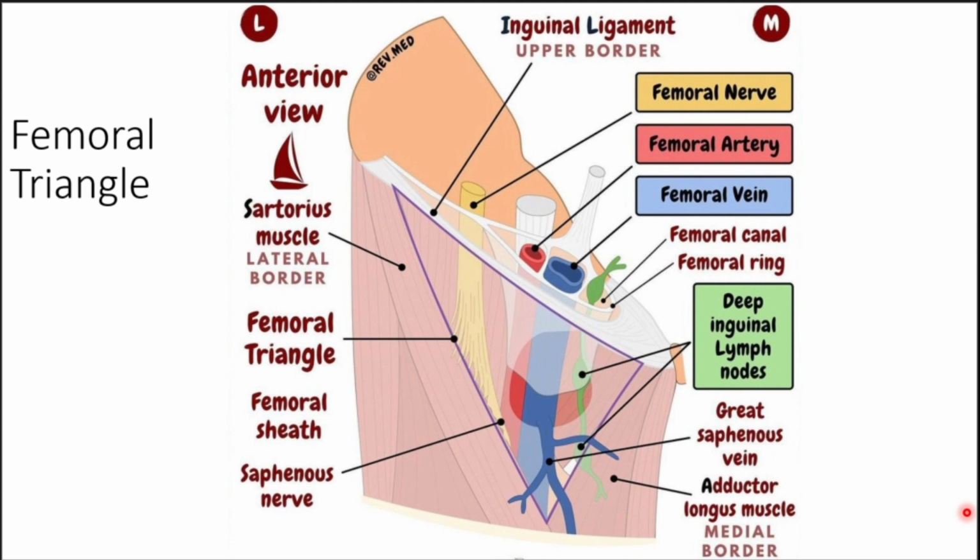As the femoral artery, femoral vein, and associated lymphatic structures course from the abdominal cavity into the femoral triangle, the transversalis fascia forms a connective tissue sheath around each vessel, which is called the femoral sheath. However, the femoral nerve is lateral to and not contained within the femoral sheath.